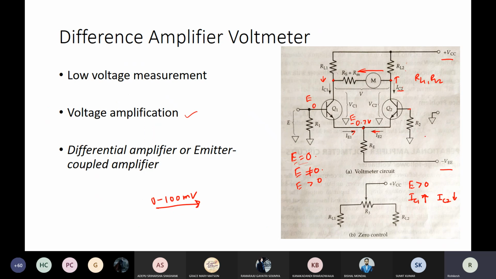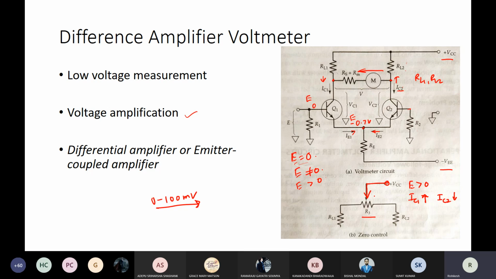You can do the same thing here as well, but an easier adjustment is provided here, where you have another resistance R3 with a variable terminal to which VCC is connected.